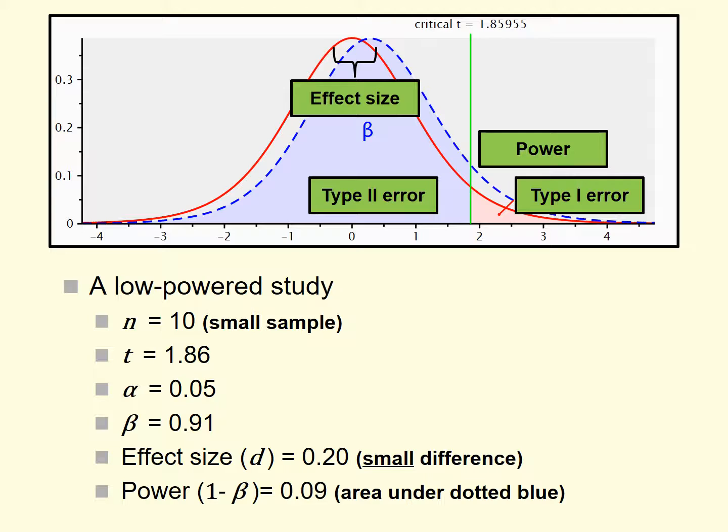So here I have an image that I generated with G-Power, and it shows two distributions: a distribution for the test statistic T under a null hypothesis, that's the null distribution in red, and then under an alternate hypothesis, that's the distribution in dotted blue. It's kind of a silly study because it only included 10 people.